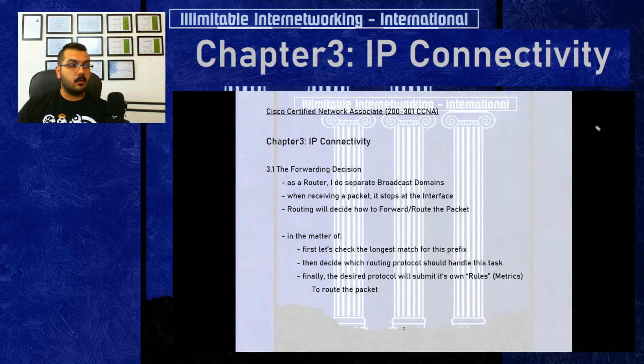And also this is done by using routing protocols. Okay, so what I have just talked about is having a router with two interfaces. Once the router receives a packet from this interface, and this packet should be forwarded to this interface, the router will do the forwarding.